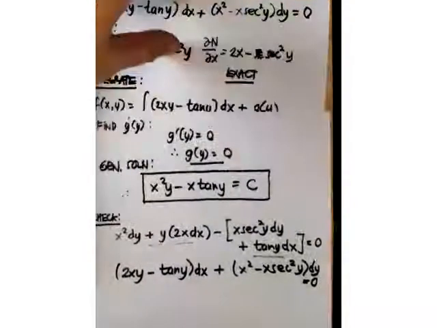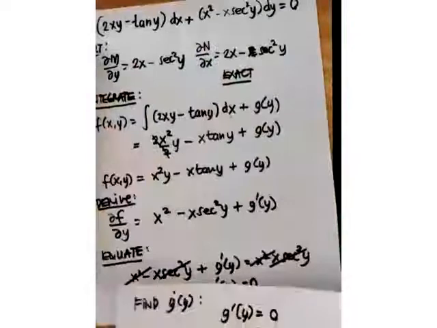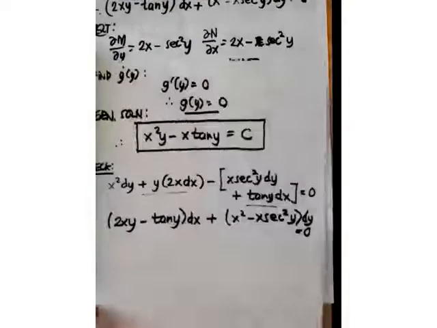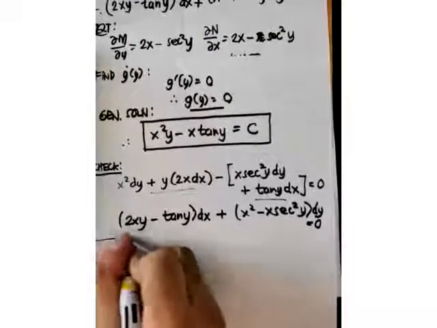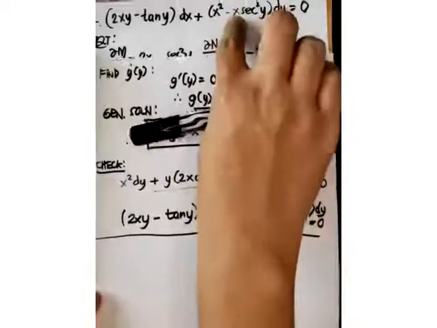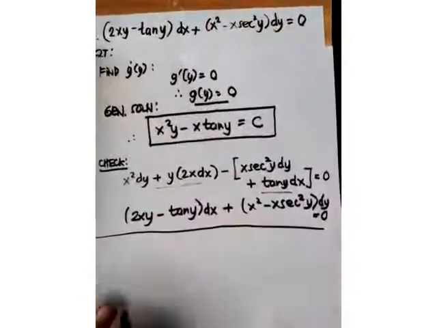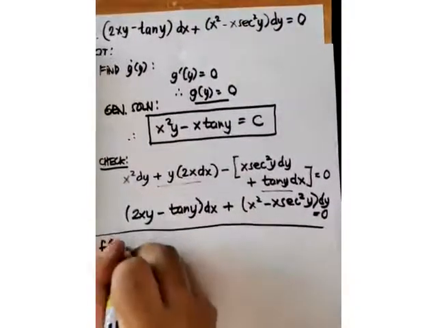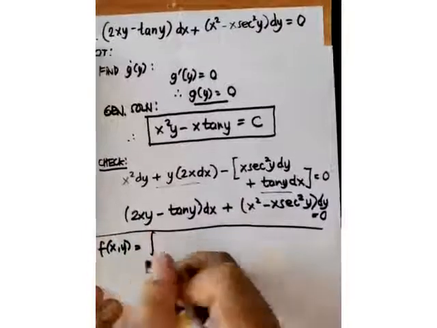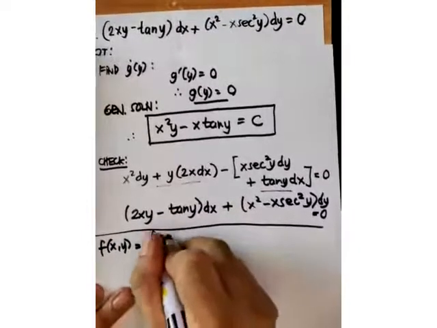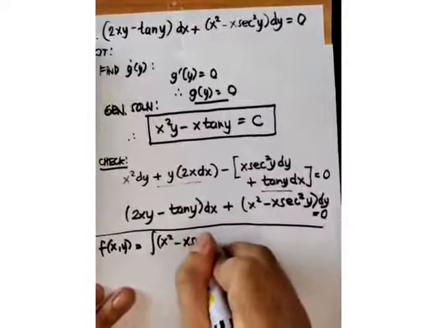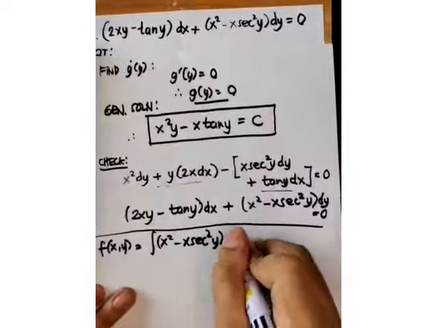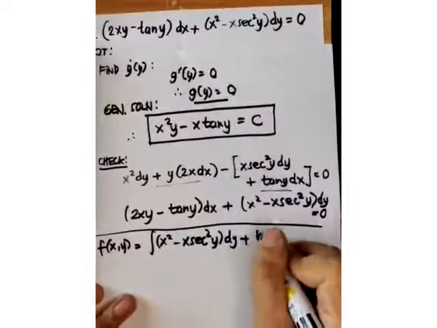Okay, so may nagtatanong, what if ang pinili natin ay, try natin siyang isolve dito. Pinili natin ay ito. Tama ba? Mabilisan lang. The integral of x squared minus x secant squared y dy plus h of x.